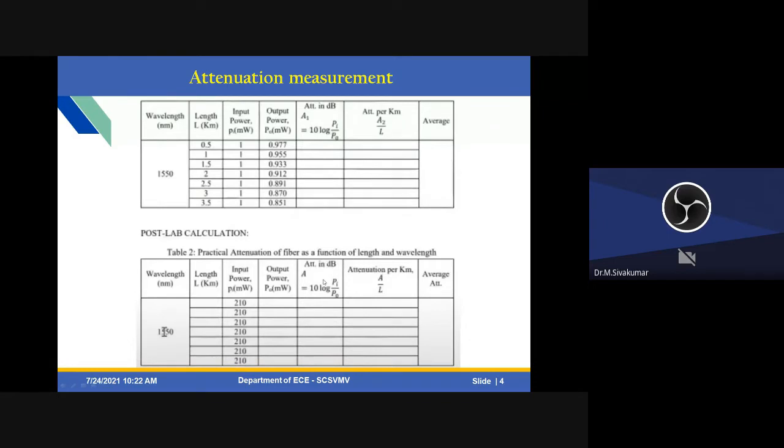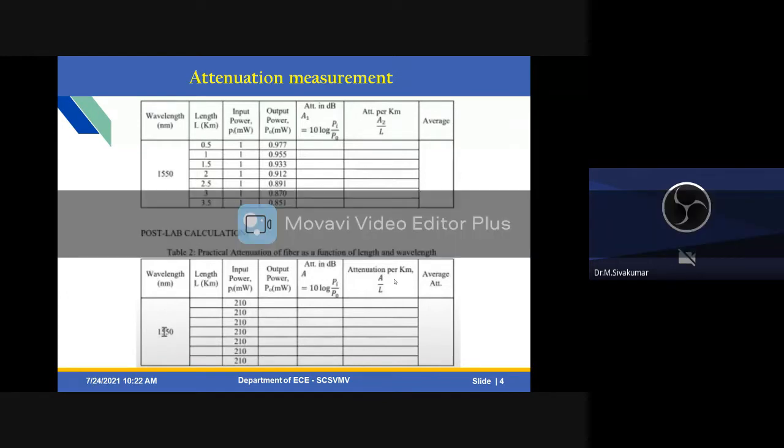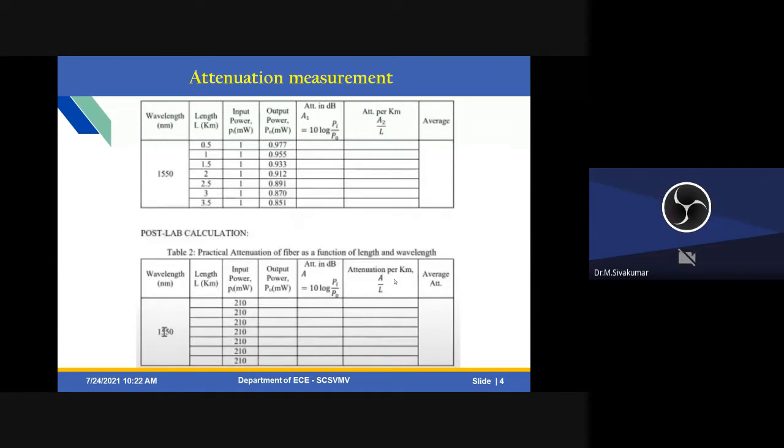Using the formula, you find the attenuation. Also find the attenuation per kilometer, because what is our aim? You need to find the length dependency. So you need to study the length dependence of attenuation in the given optical fiber. Okay, this is the table, just note it down.